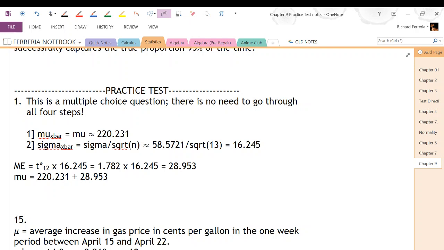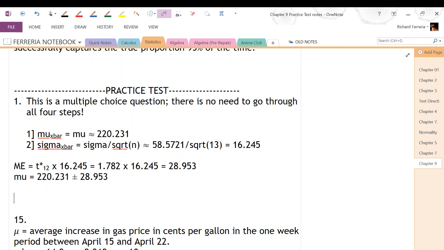If you're doing actual statistics, you're not using Z star, ever. We use Z star for proportions always, but if we're talking about a mean, it's very unlikely that you're going to use Z star.